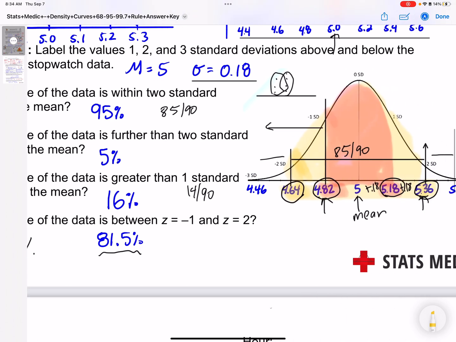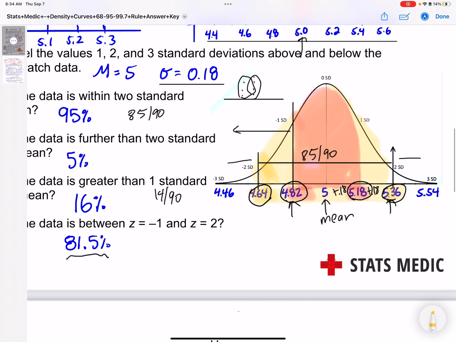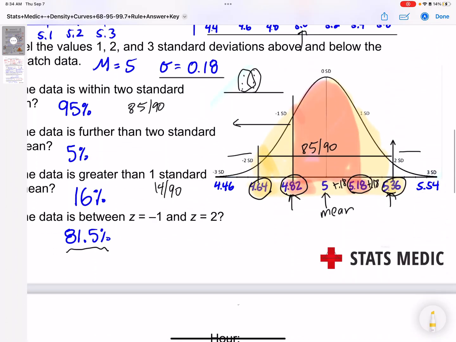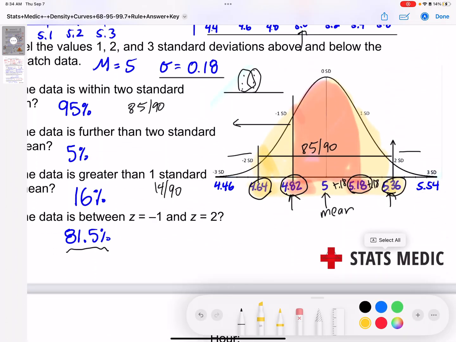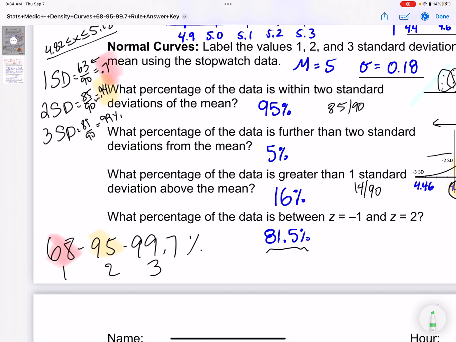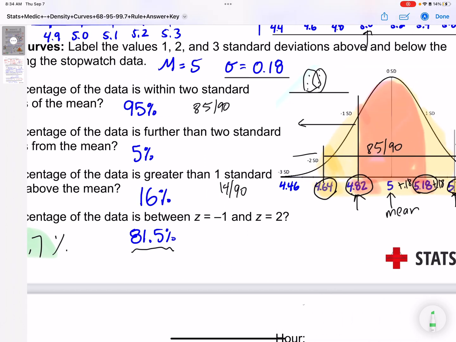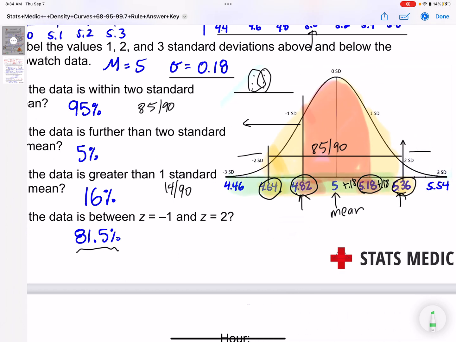I'm just talking about the stopwatch one because it was the only one that looked fairly normal. The other ones were not normal models, so they would not be able to do what I'm doing here. And finally, the last one is 99.7, and we got 99%, so we were really close. 99.7% would basically be under almost the entire curve, between 446 and 554.